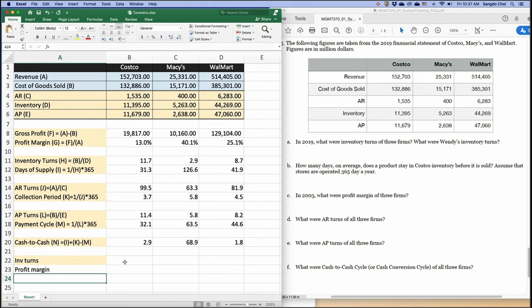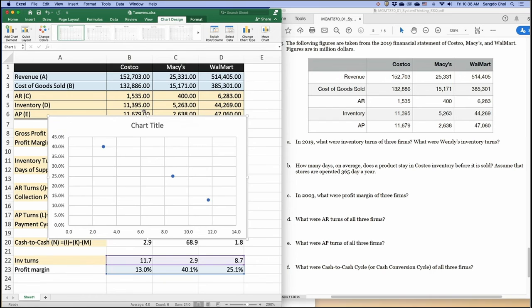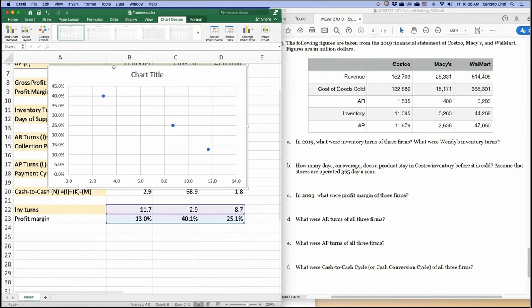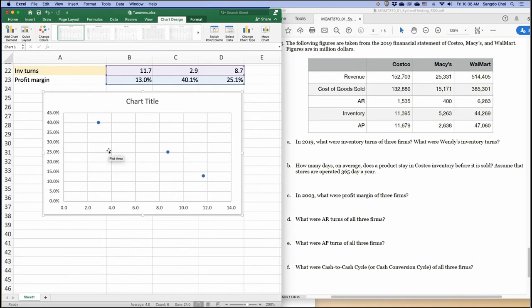With these two measures, I copy them, and then using this I will generate a scatter plot. With a scatter plot, we can visualize these three companies' performance. The y-axis is profit margin, and the x-axis is inventory turns.